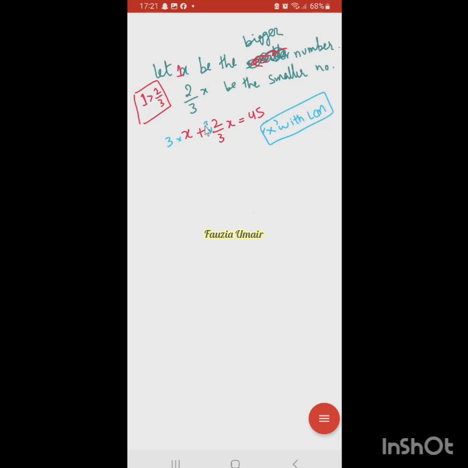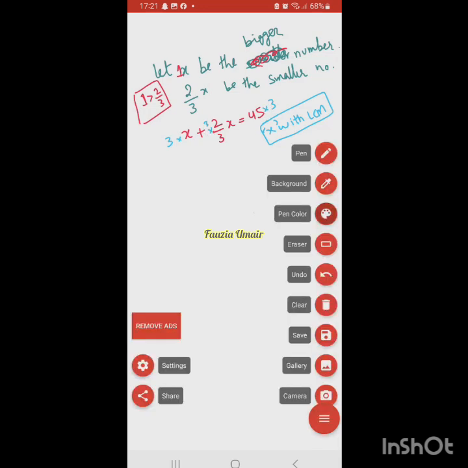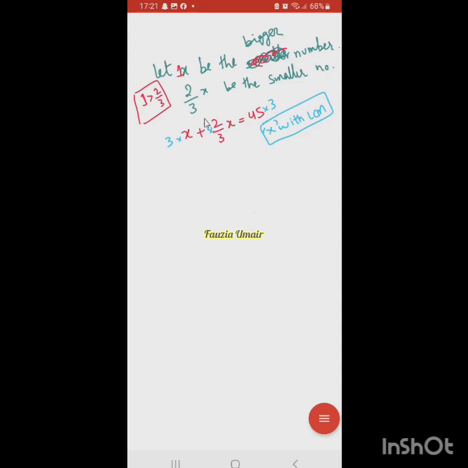Strictly I need to multiply only this term with 3 so the fraction cancels, but because the equation is like a balance, I multiply all terms with 3. So this will be 3x, this 3 is cancelled so it is 2x, equal to 45 into 3, which is 135.